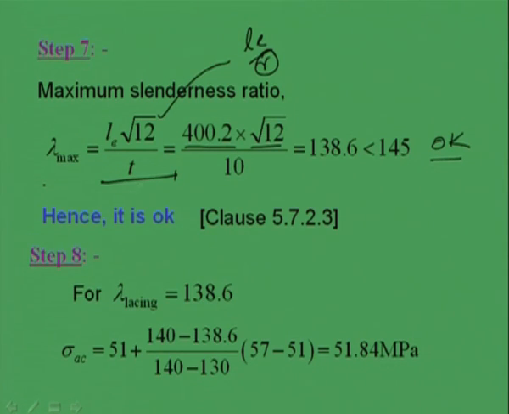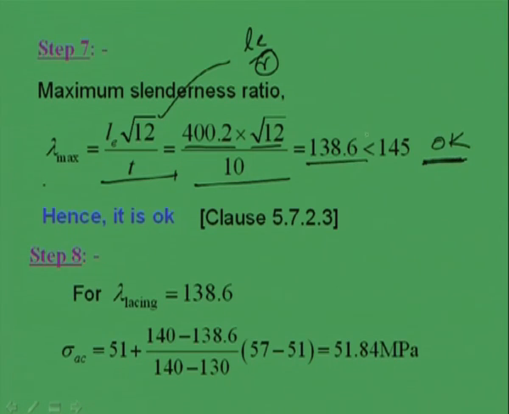So, if we put LE as 400.2 and T as 10, we get 138.6, which is less than 145. So, it is okay.